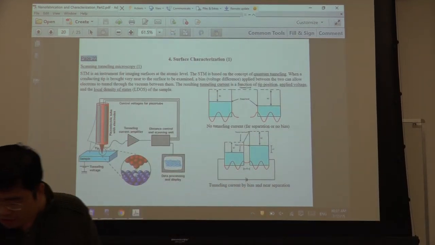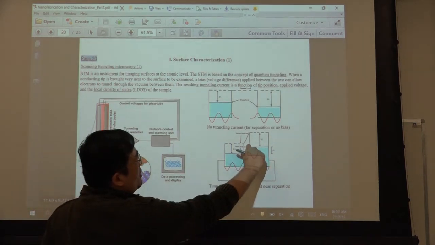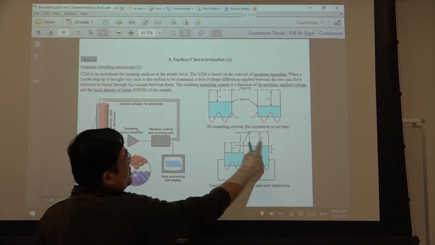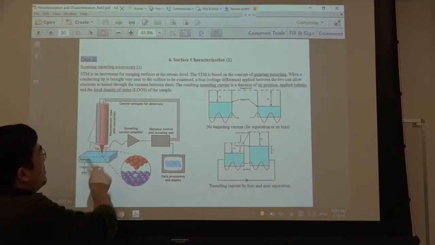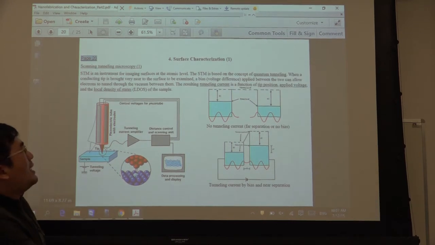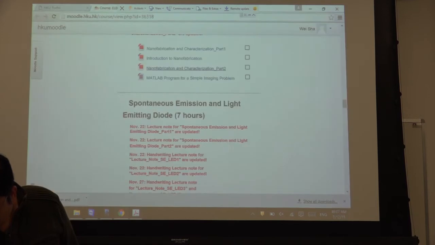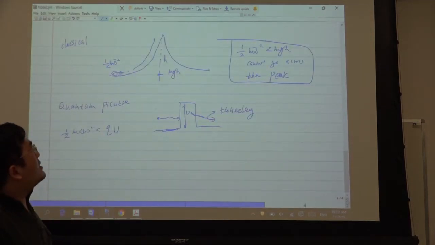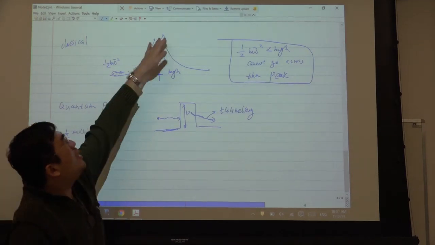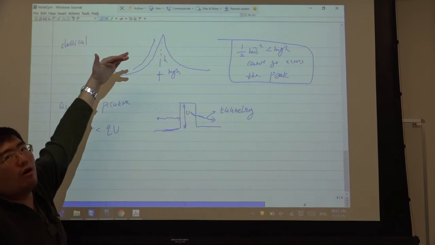It's due to the overlap of the wave function and the distance between the Fermi levels. Because a bias is added, some current can go across from tip to sample. This is called the quantum tunneling effect. It is different from the classical effect, which says if your kinetic energy is smaller than the potential energy, you cannot go across the barrier.